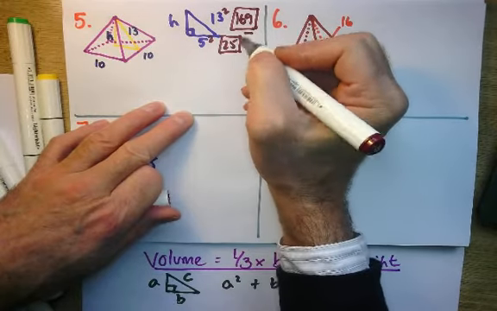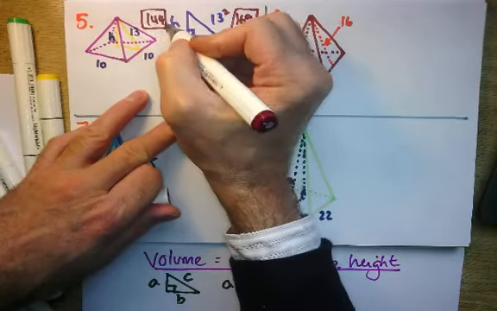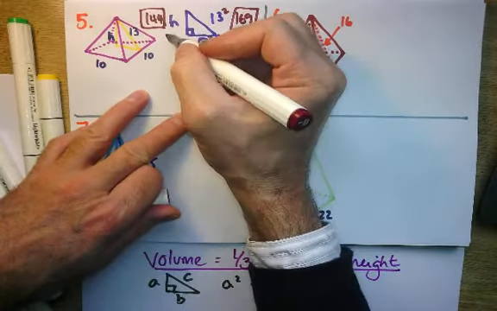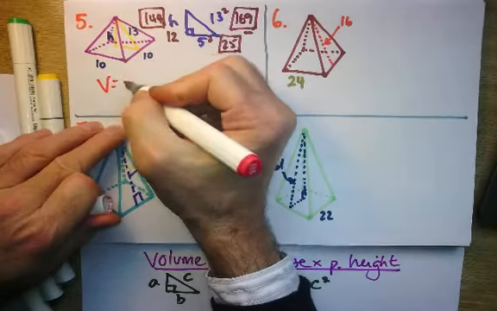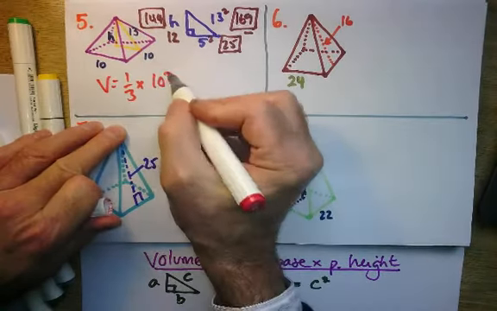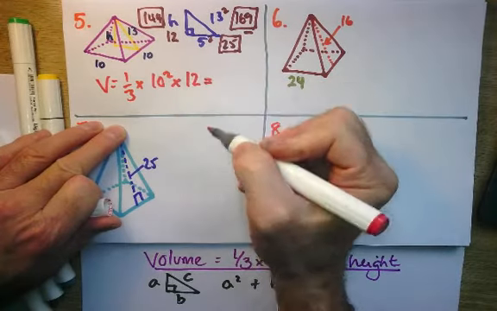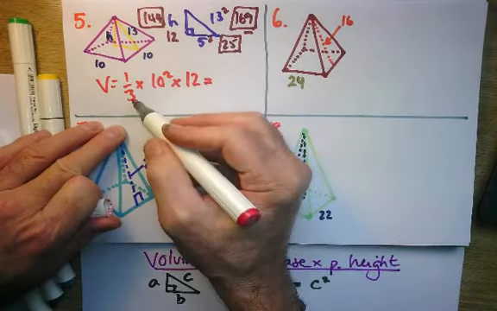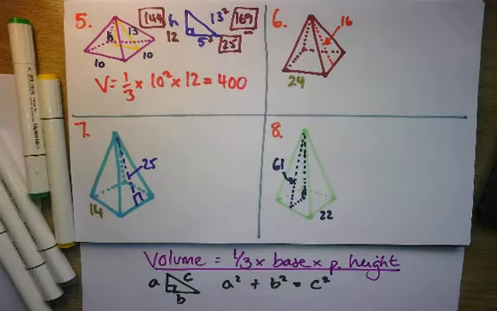I'm looking for the shorter side, so I take away: 169 take away 25 is 144. So square root of 144 is 12. So I now know that the height is 12. So now the volume is simply going to be a third times the base. In this case it's a square, so it's 10 squared times the perpendicular height, which we know is 12. And 12 divided by 3 is 4, so it's 400.